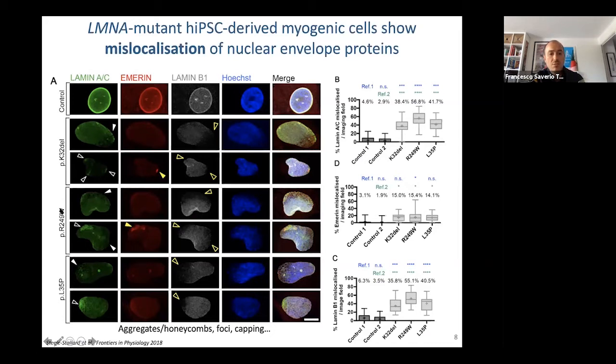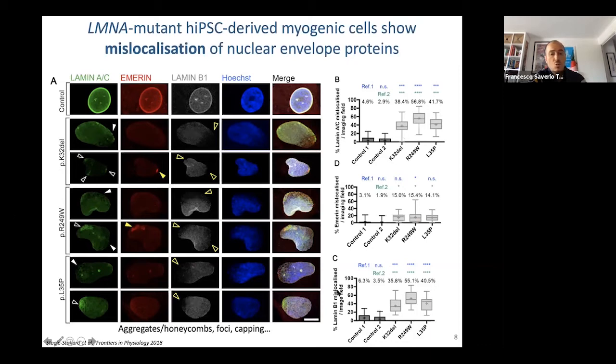But in our three patients, whose iPS cells we kindly received from Cure CMD and Cellular Dynamics in the US, you can see that lamin AC is mislocalized. You don't have a nice and even ring of lamin AC around the nuclear envelope, but there are abnormal structures there, such as aggregates of lamin AC, honeycomb formation, foci, and cupping at specific parts of the nuclei, not only of lamin AC, but also of these other nuclear envelope proteins.